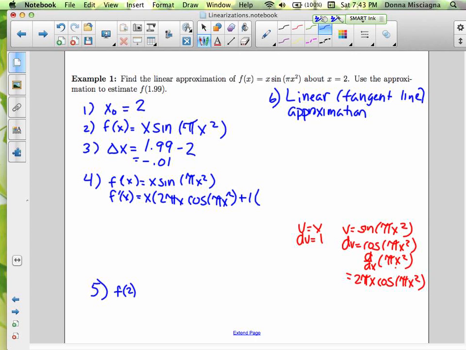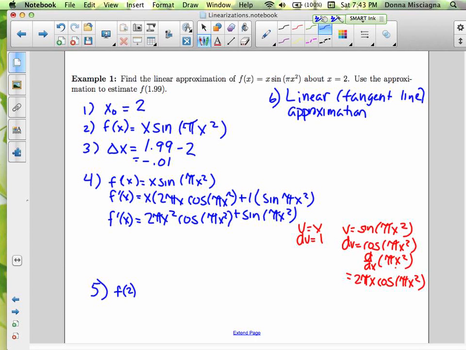And the second is sine pi x squared. We could simplify that a little bit. We could combine the x and the 2 pi x. That would be 2 pi x squared cosine pi x squared plus sine pi x squared.